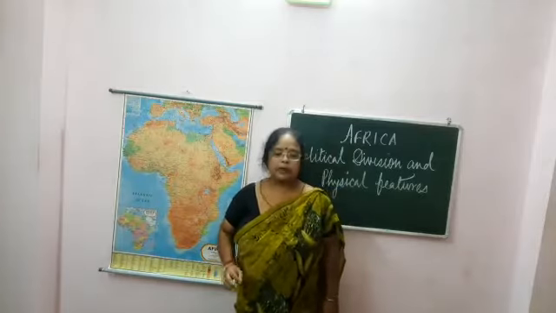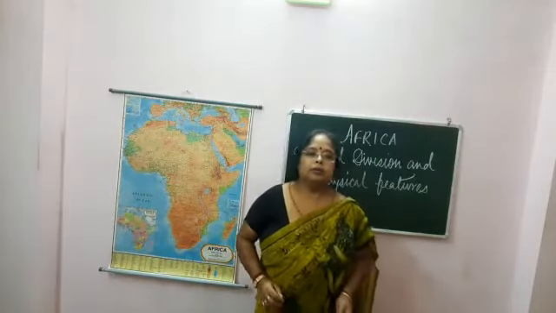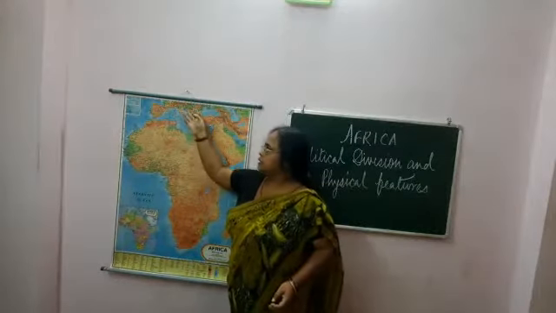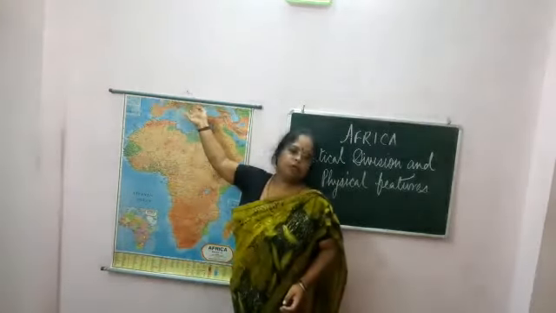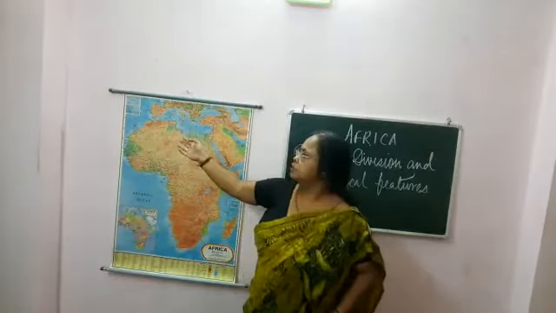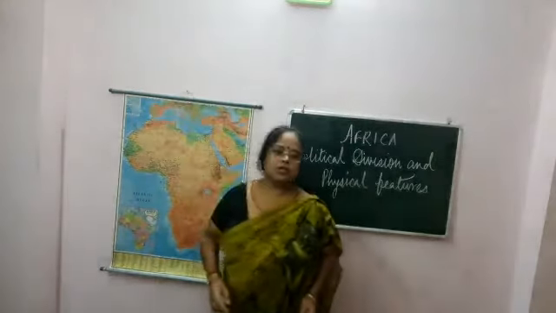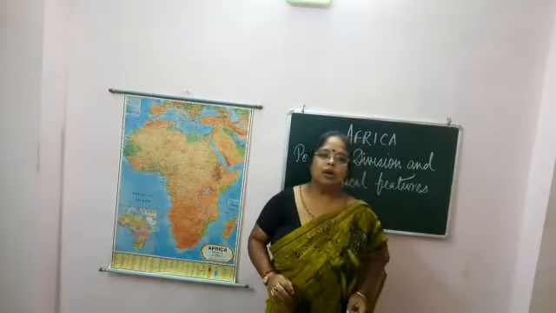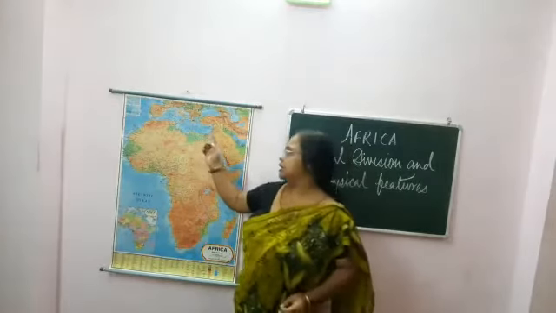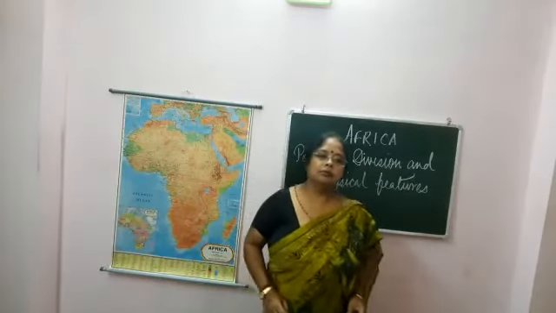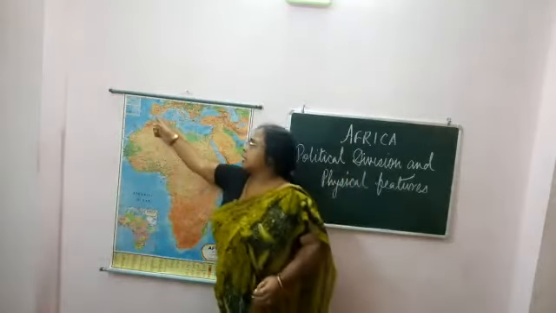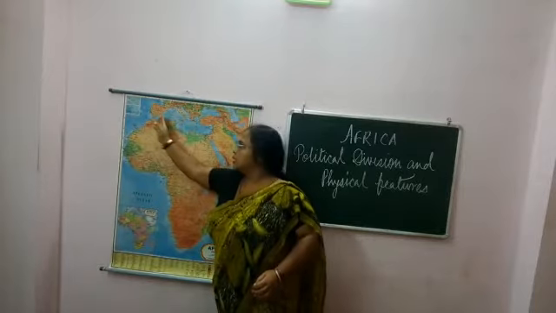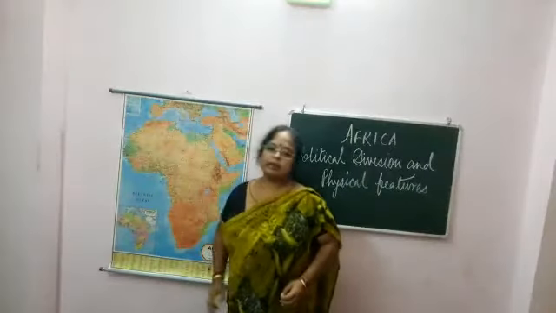The Mediterranean Sea separates Africa from Europe, and the Strait of Gibraltar, this is its position, separates the Mediterranean Sea and the Atlantic Ocean.